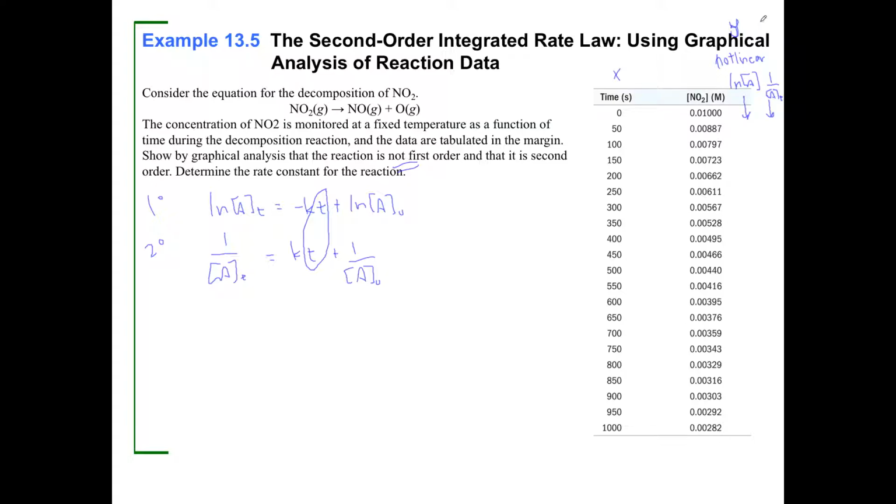If we graph this x against this column, which I'll call y prime, we'll find that it is linear, and that's because it's second order. That's how we're going to show by graphical analysis that it's second order. Let me do that with you, and then determine the rate constant for the reaction.